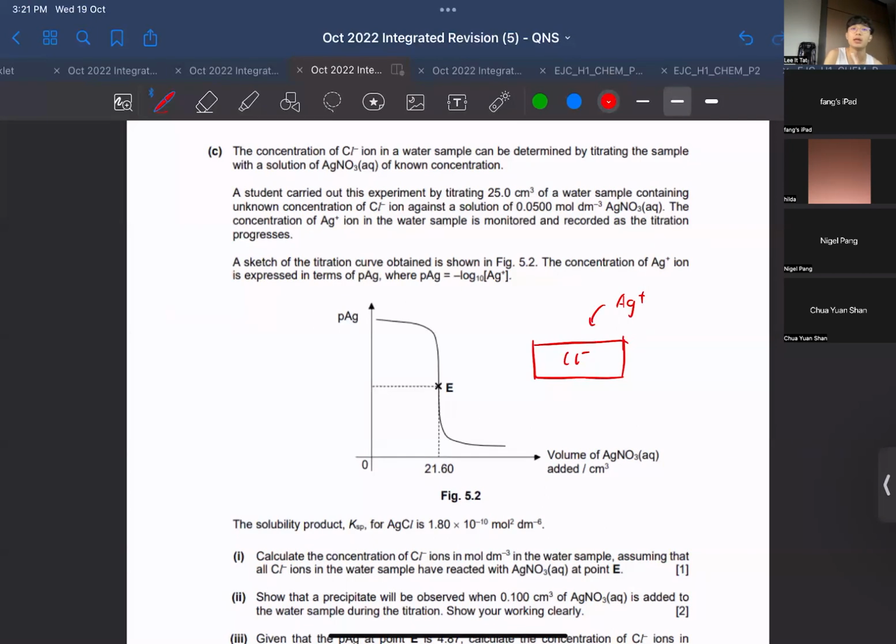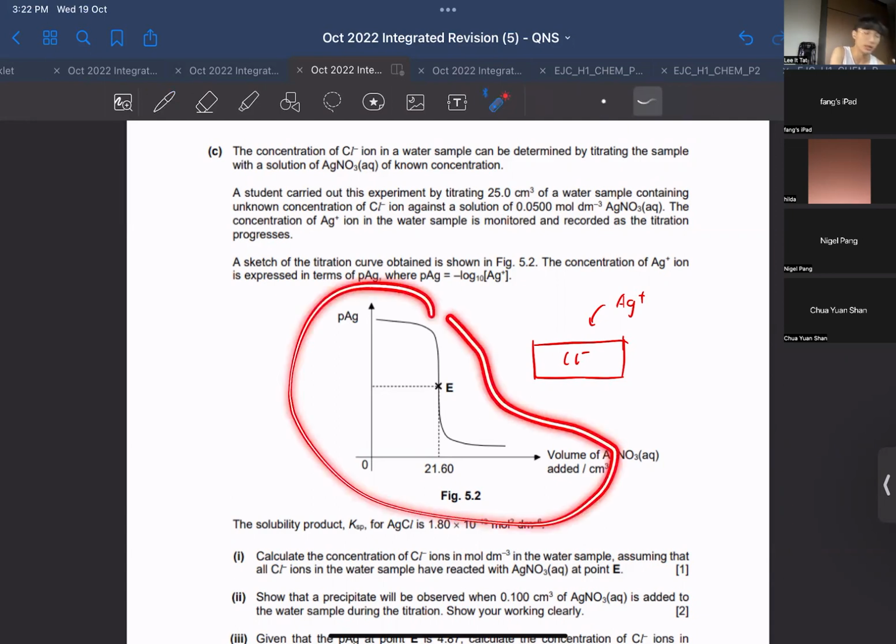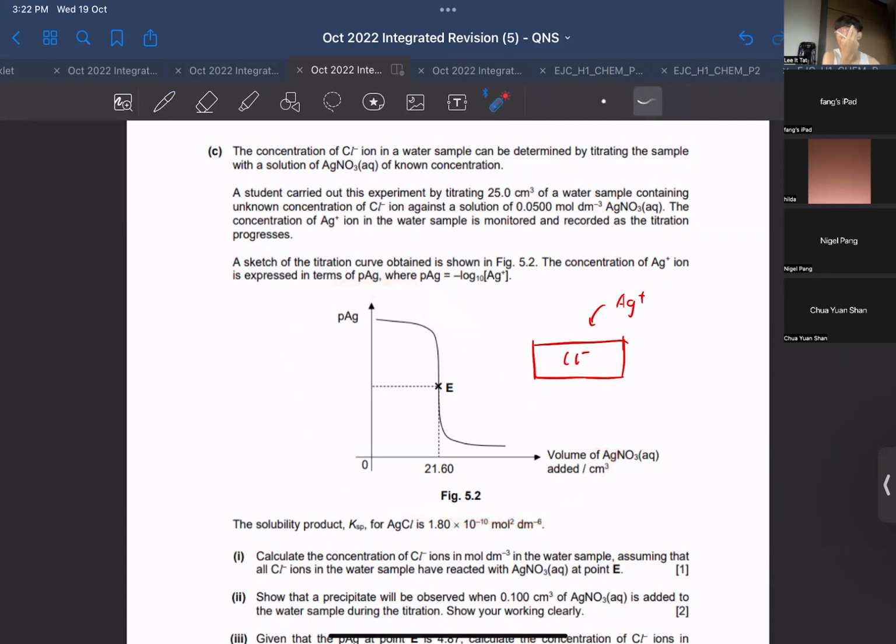This precipitate is going to change things a little bit in this setup. We also have to understand why it looks like a normal pH titration curve. The setup seems pretty simple, but I hope you realize that the moment you add Ag plus, you're going to precipitate out AgCl solid.